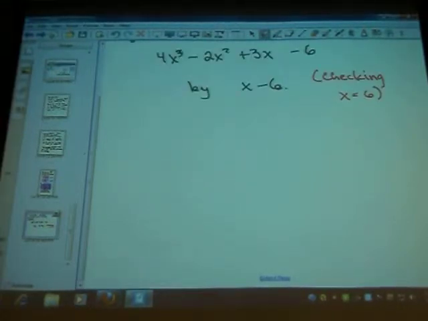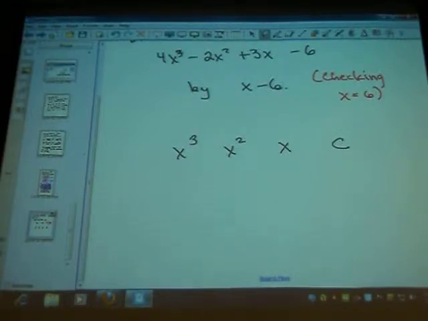To set up your synthetic division, you want to start with your highest power of x, and then list all the possible x's decreasing downward. So if I start with x cubed, then I would have x squared, x, and then a constant term. I'll just call that c.